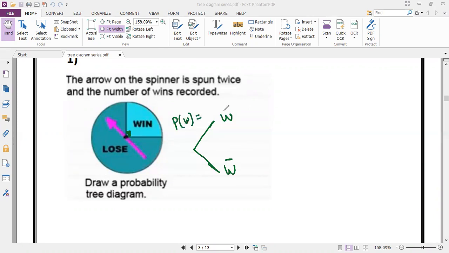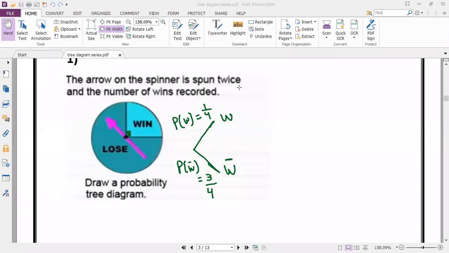It's 25%, that's right. So it's 1 out of 4, 1 chance out of 4 chances, because the sector represents a quarter of the circle. And not winning, P(W dash), is going to be what? 3 quarters, 3 out of 4, 3 chances out of 4 chances. This is for the first time.